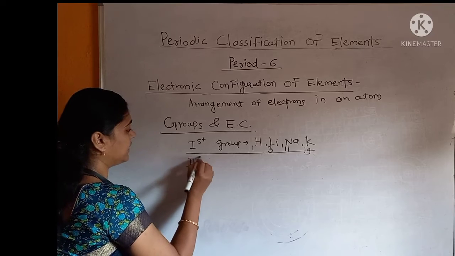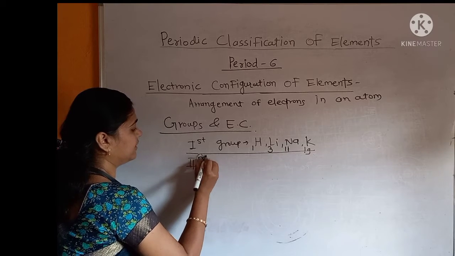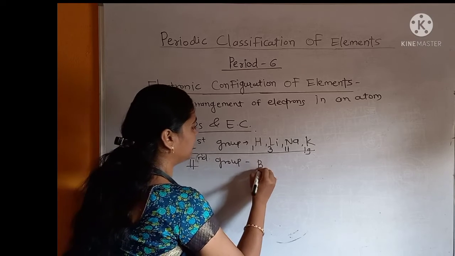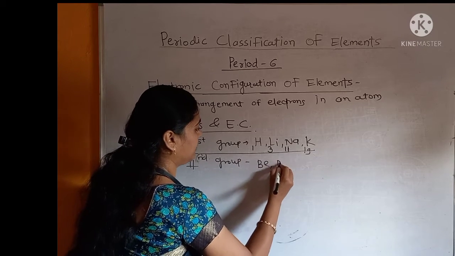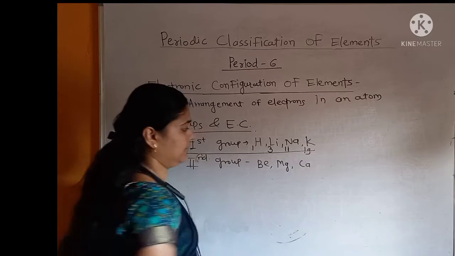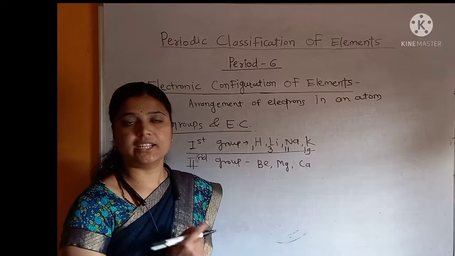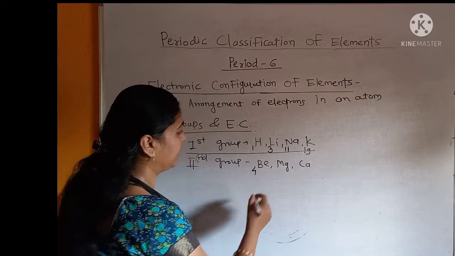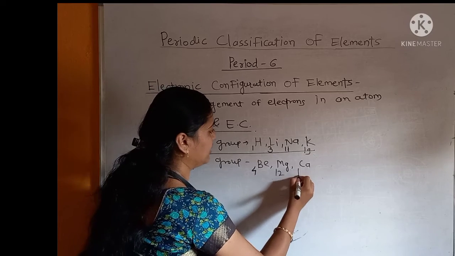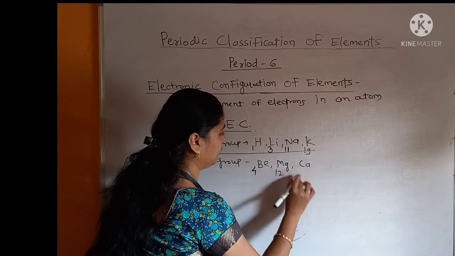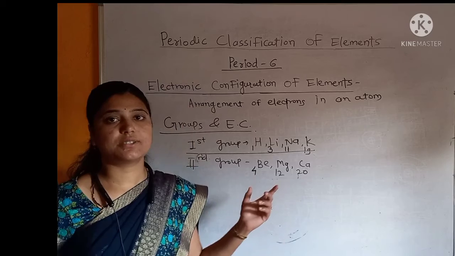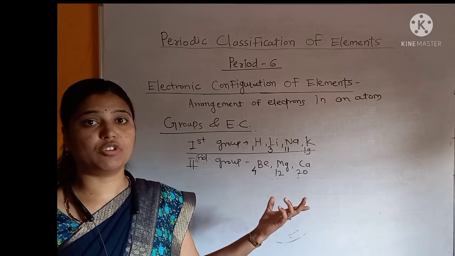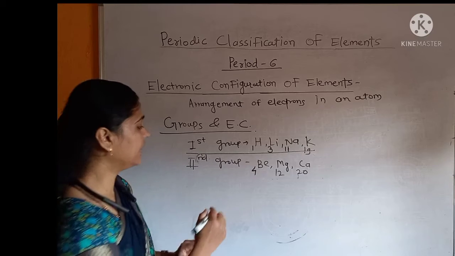Beryllium has atomic number 4, magnesium 12 and calcium 20. They are present in the same group, so they also show the same property. Their electronic configuration is like this.